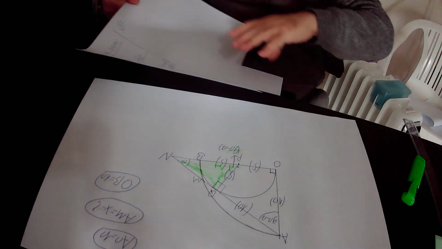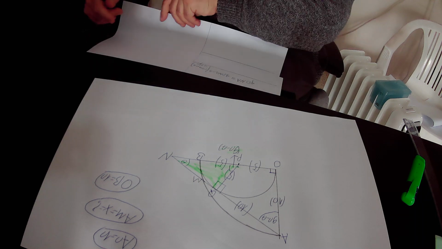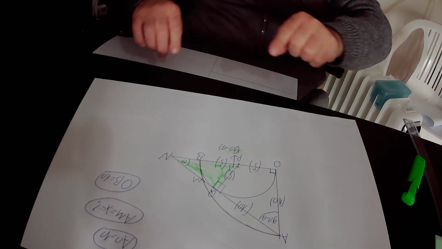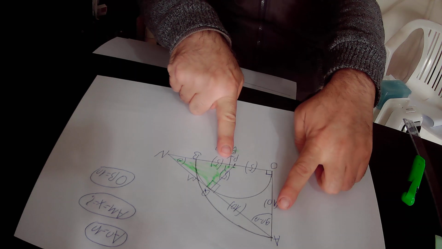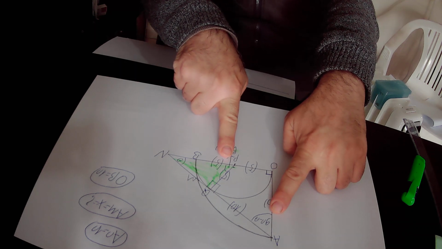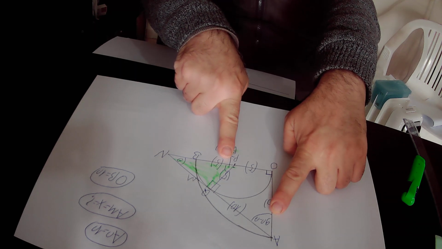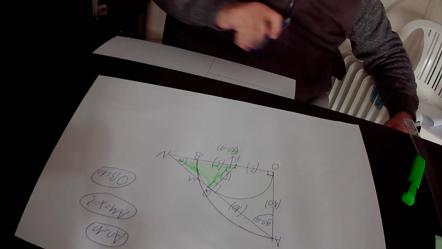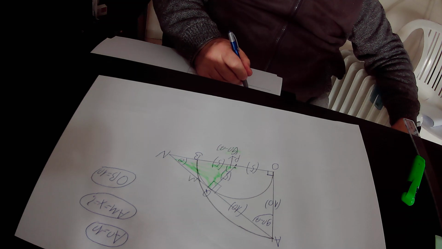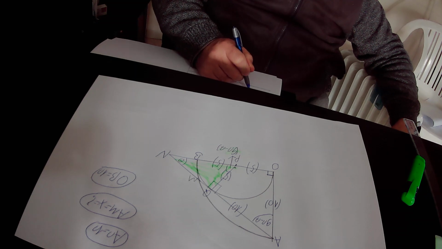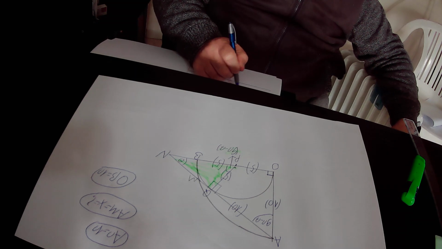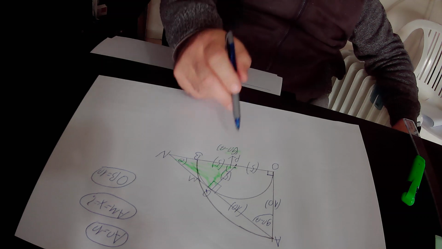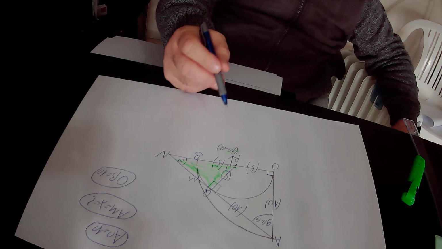And finally, those two angles are both equal to 90 degrees minus theta, therefore they are equal to each other. So this is angle OAN, and it is equal to this angle, that's actually angle QPN.